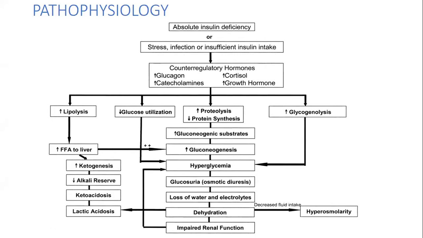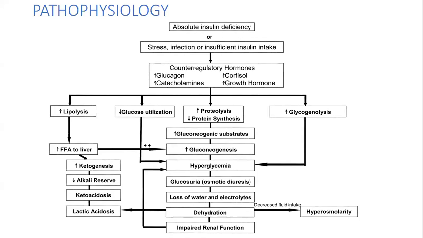And the body will realize that and try to compensate. How will it try to compensate? By utilizing the bicarbonate to buffer. The bicarbonate in the body will be utilized to try and counteract the acidosis caused by the ketones.